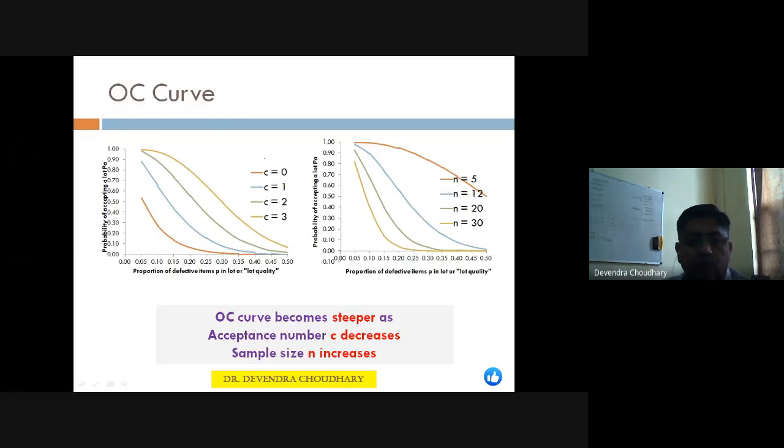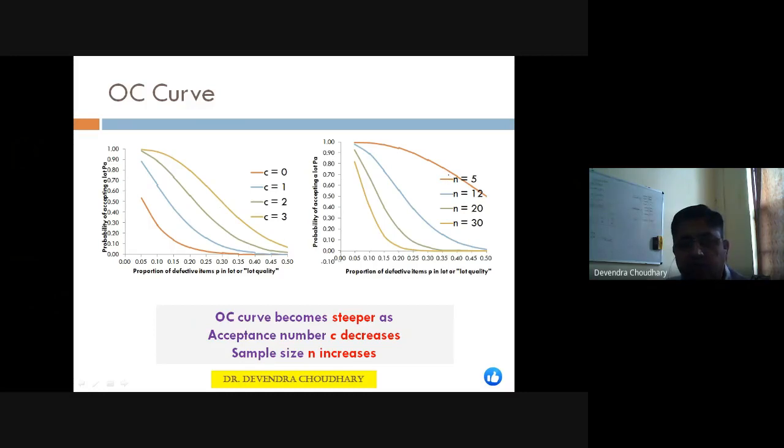Both parameters, acceptance number as well as sample size, have a significant effect on the shape of the OC curve. You see that as the acceptance number increases, the curve becomes flatter.